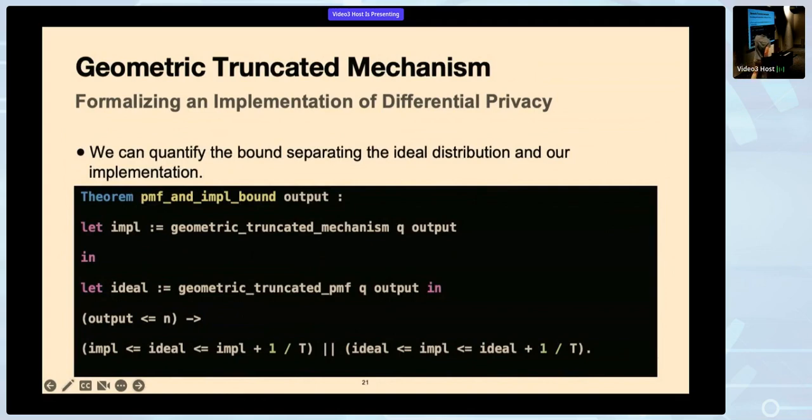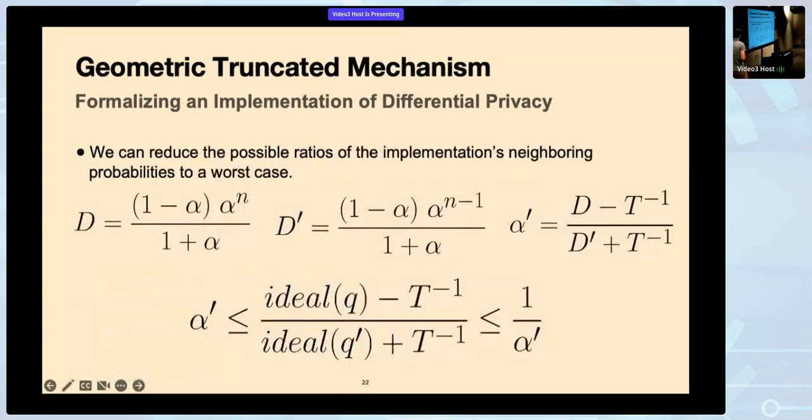You can read this theorem if you want, but the key piece of information is that the probability values from our ideal distribution and our implementation are at most one step of the uniform distribution apart. This is great because it allows us to reduce the possible ratios of our implementation's neighboring probabilities to a worst case.